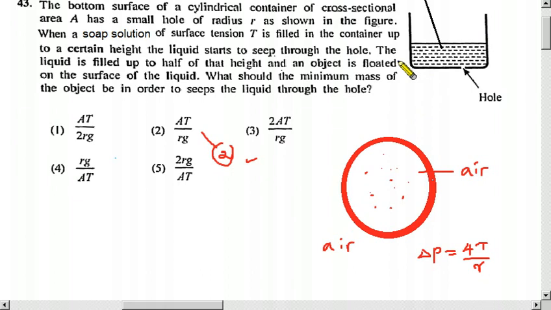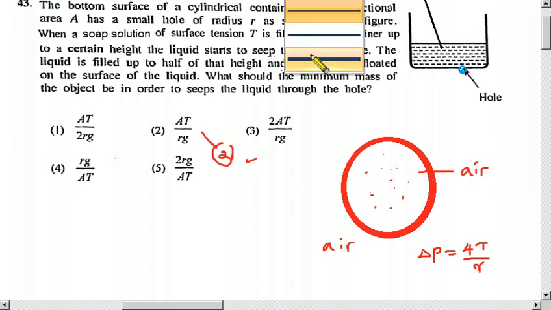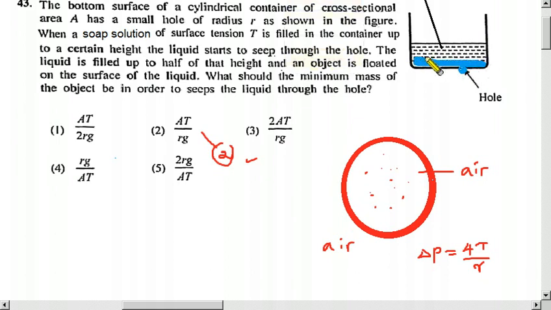But here it is not the case. Here there is a water drop. Inside there is no air. Inside is filled with water. So there is no relationship with air. Only one surface is there in this case.